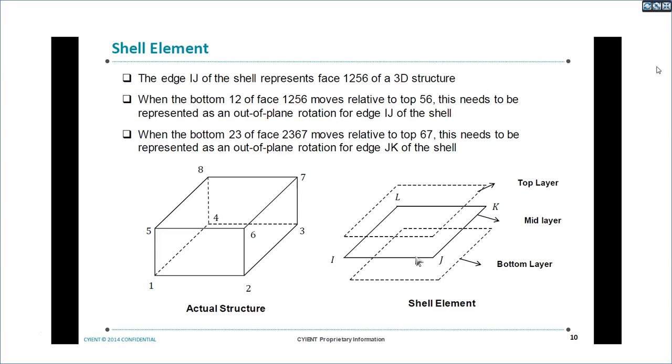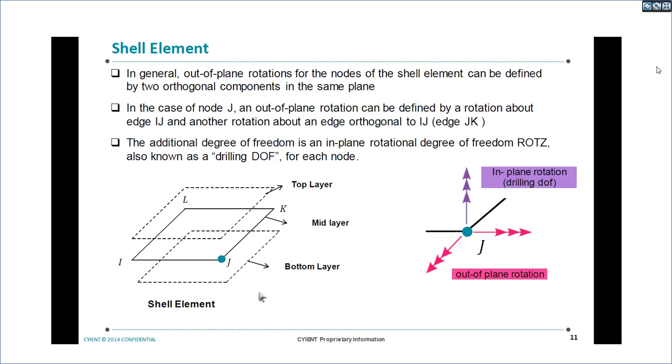So there will be two rotations at node j, one with respect to 1 2, one with respect to 2 3. So these are the two rotations.